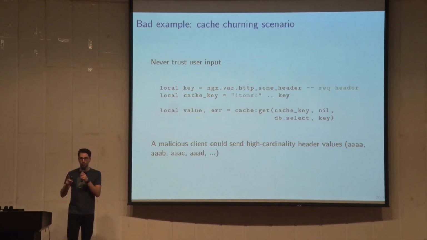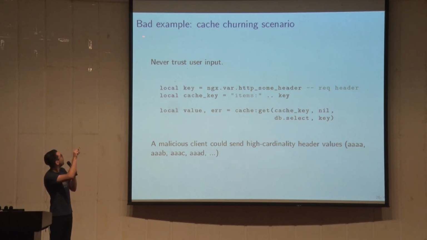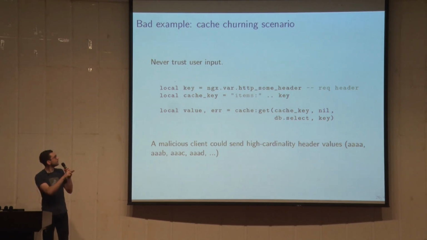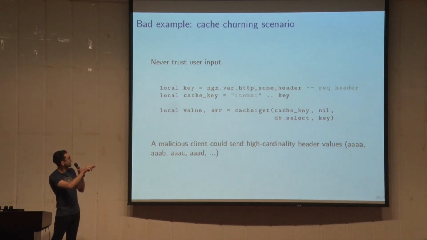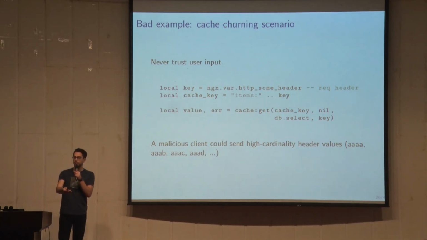It's important to remember this example, a bad example, okay? In this case, this is what's going to happen. I decide as an application developer to use an HTTP request header as my cache key, right? So my request header comes from the client, okay?